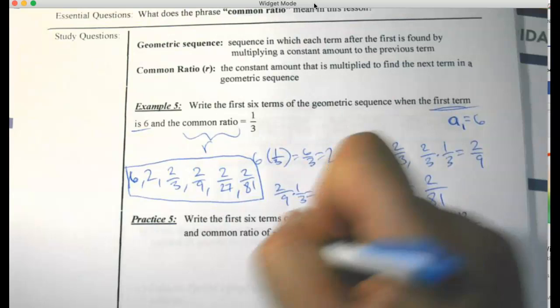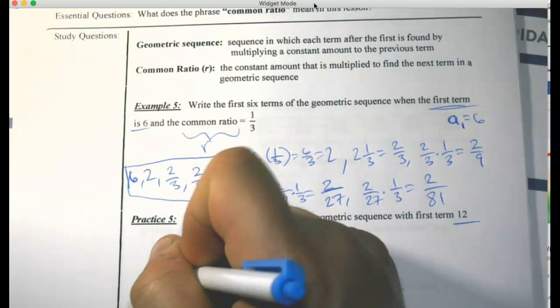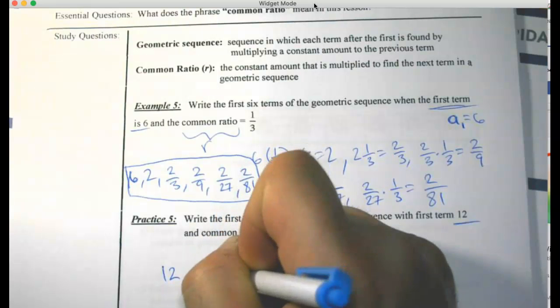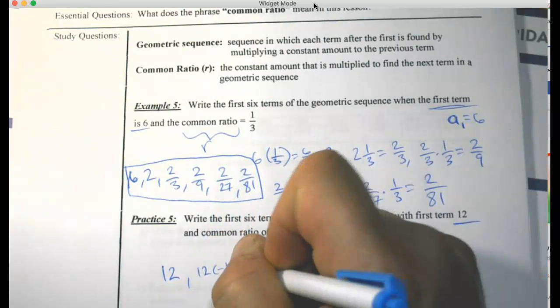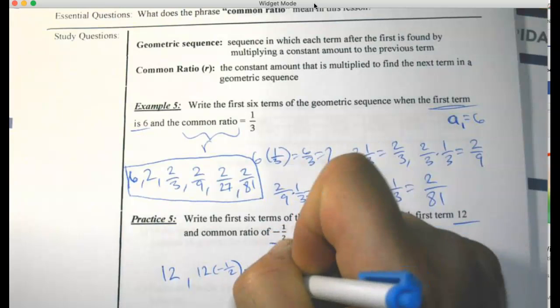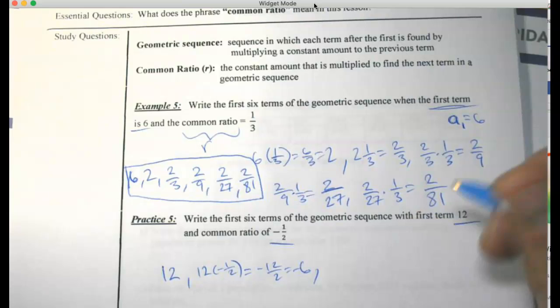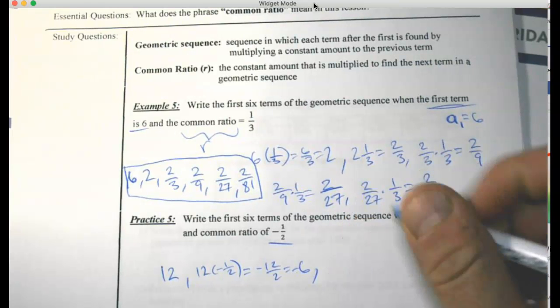This one, right, the first 6 terms, geometric sequence. First term is 12, common ratio is -1/2, so 12, then 12 times -1/2 is, you could show all your steps here and get -12/2, and that's -6, but you know, maybe simplify, do some mental math where possible.